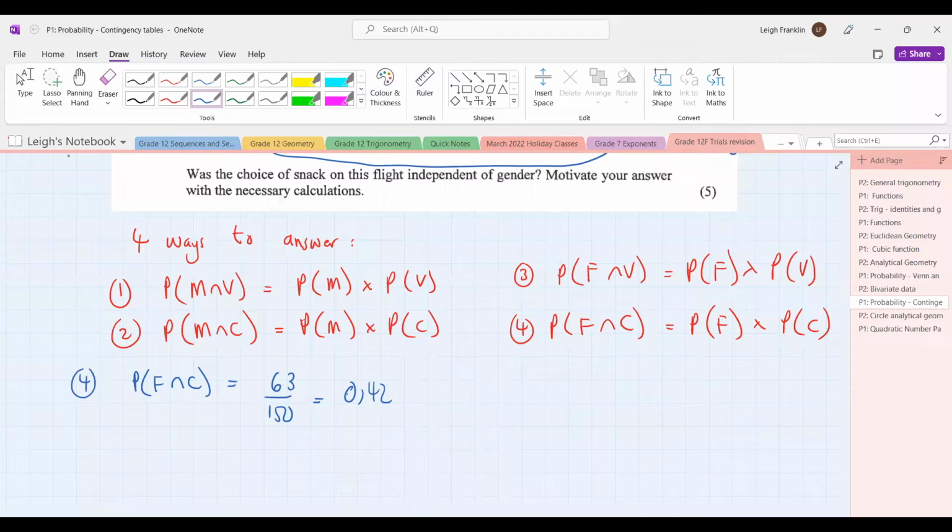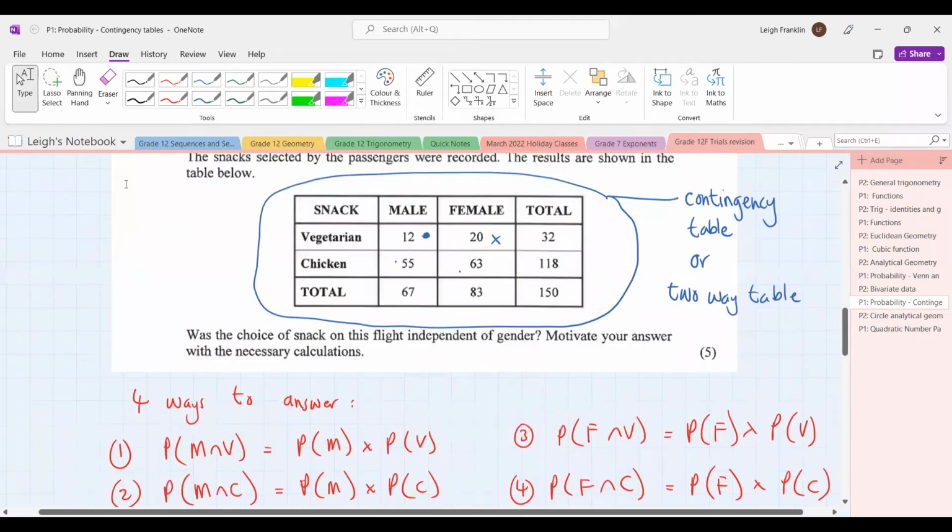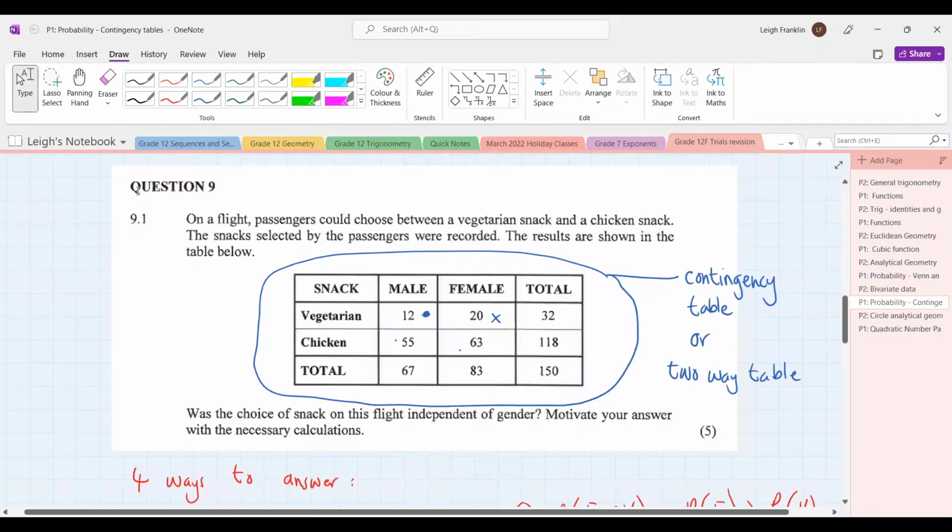Now we have to consider, in a separate calculation, what is the probability of someone being female multiplied by the probability of someone choosing chicken? So what is the probability of somebody being female on the flight? 83 over 150.